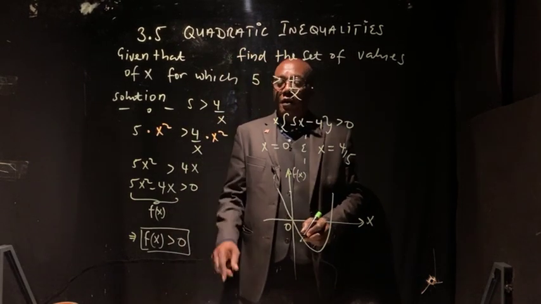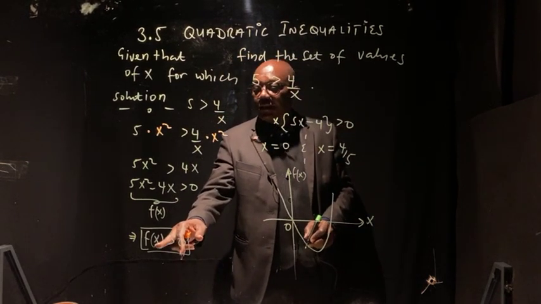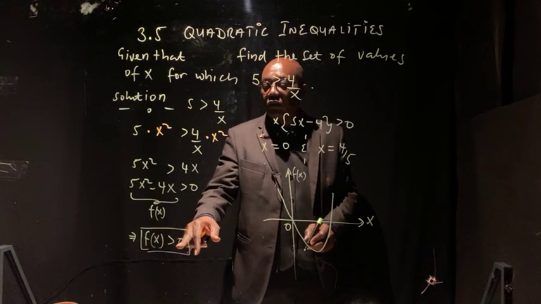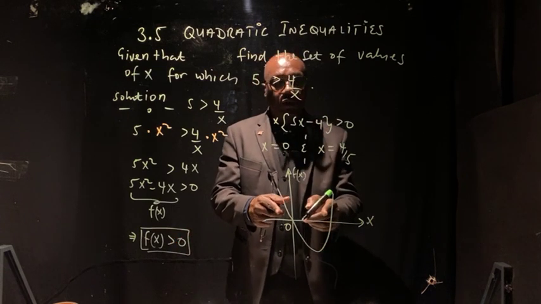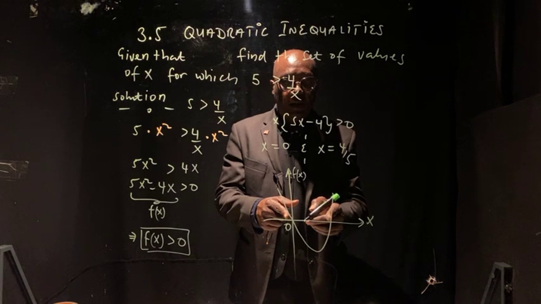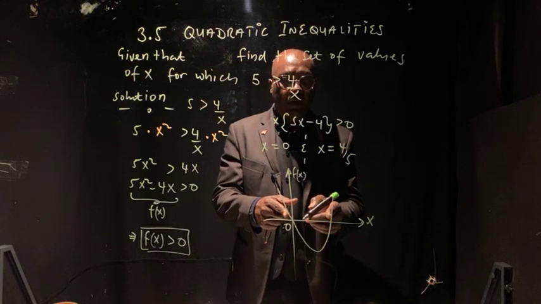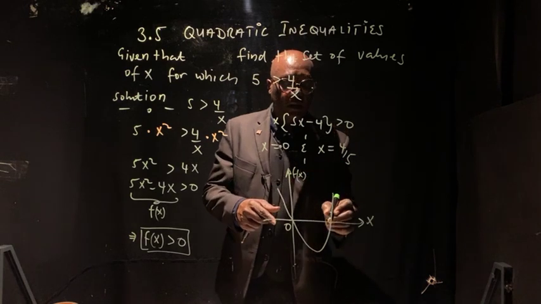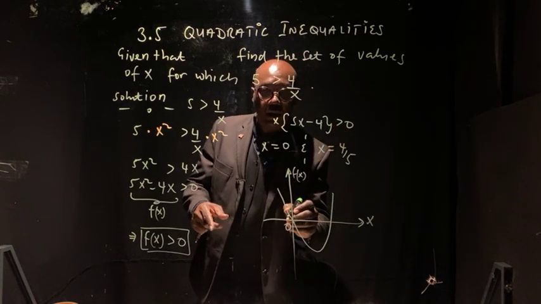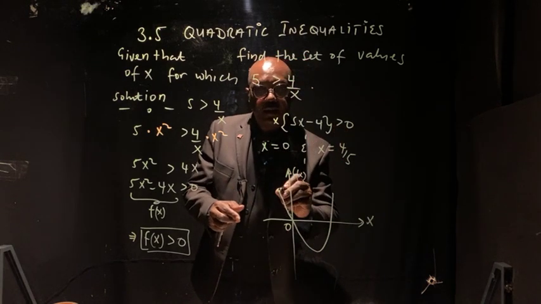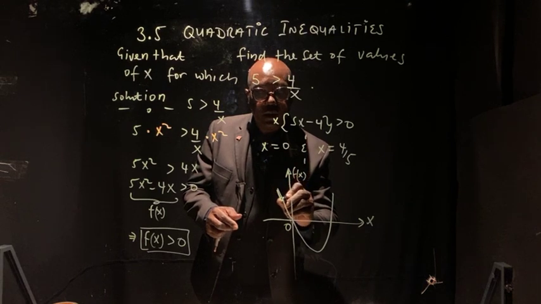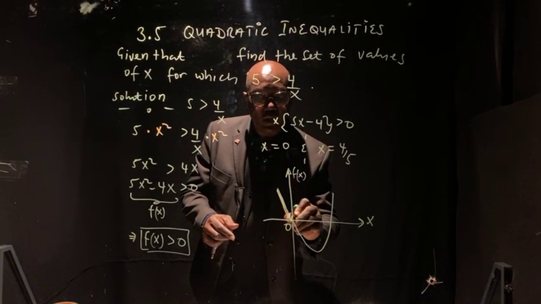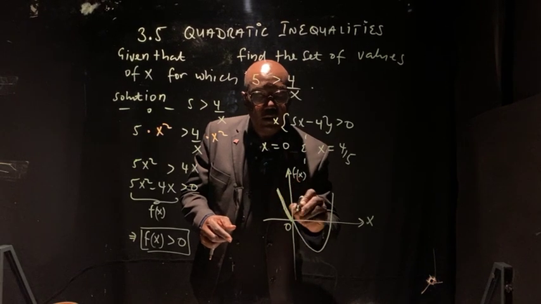Now, because f of x is greater than 0, the x values that we are looking for will be those values where f of x rises above the x-axis. So we'll consider the upper part, because f of x is greater than 0.